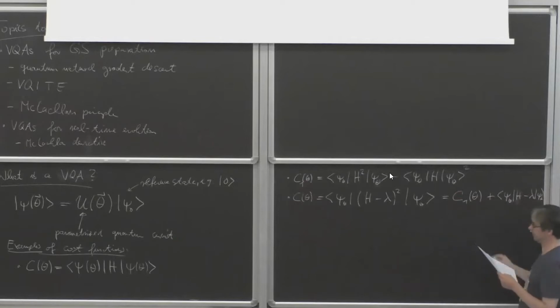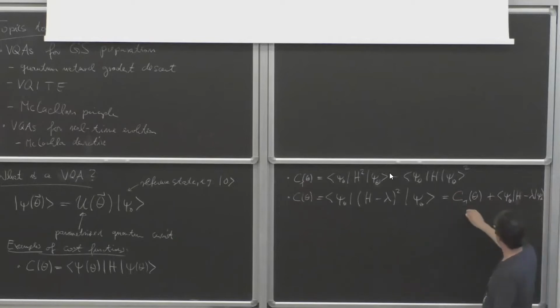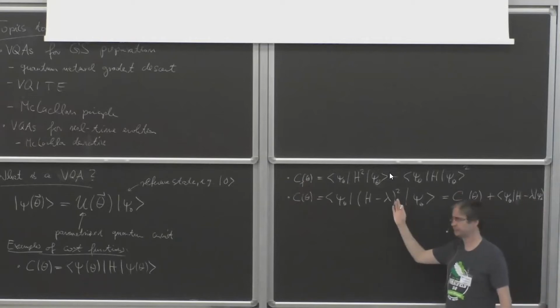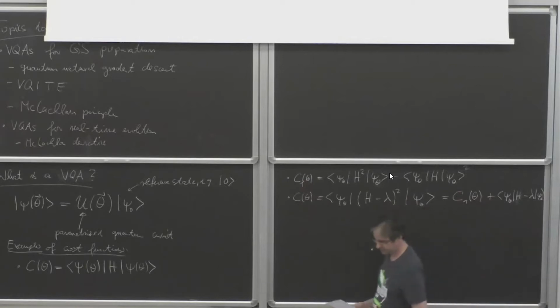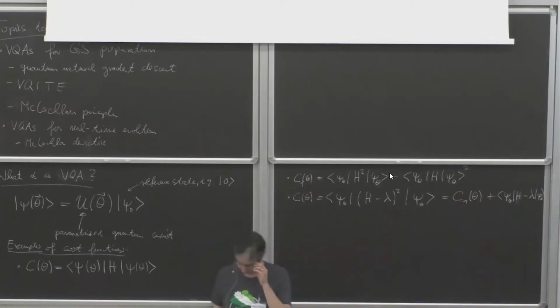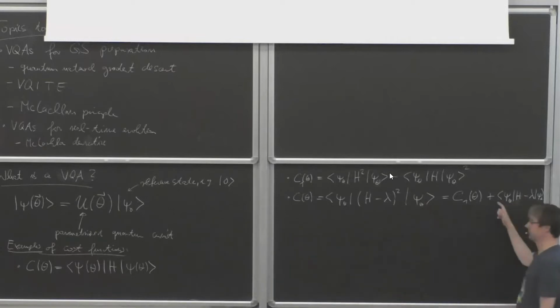This will now optimize the sum of the energy variance and the distance of the energy from lambda. I want a small energy variance, but I also want the energy to be close to lambda. This is called the folded spectrum method. This was already discussed in the very original VQE paper from Peruzzo, I think. Here the idea is that you target an excited state at a given energy lambda.